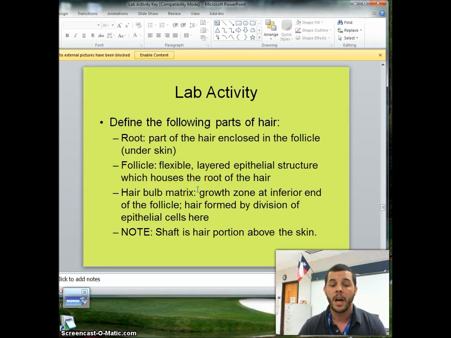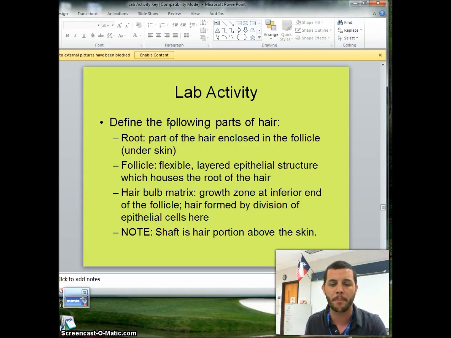Let's look at the parts of hair. We have a root. Your hair root is found underneath the skin. Just like roots of plants are found underneath the ground, the roots of hair are found underneath the skin. The follicle is the flexible layered epithelial structure which houses the root of the hair. So you've got your root underneath the skin, and the follicle is like a little bulb that surrounds it.